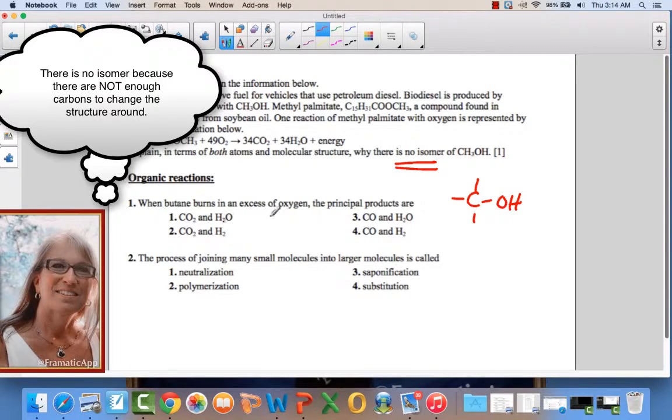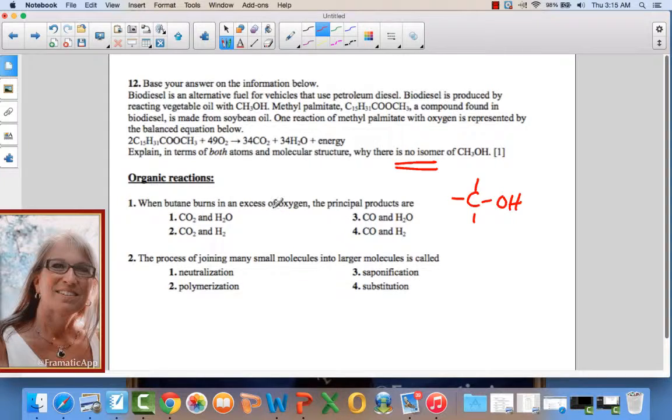When butane burns in oxygen, the principal products are, anytime something burns with oxygen, so you've got something plus O2, you're always going to get CO2 and water. This is a combustion reaction. So they're telling you butane.